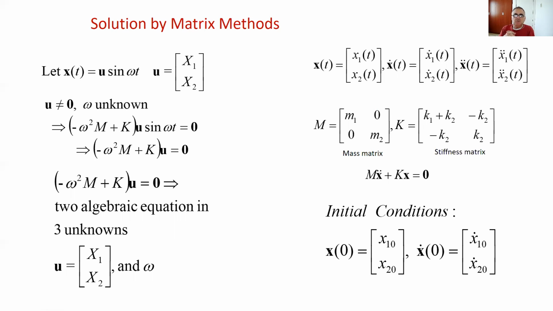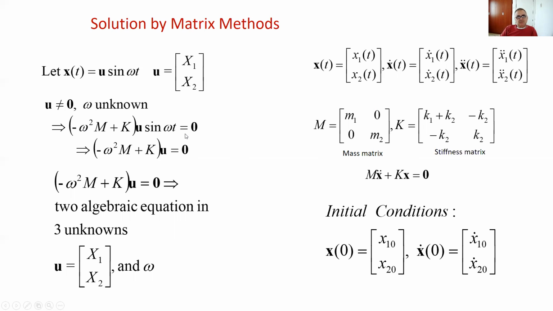Let's take the derivatives of this equation and substitute in our original equation, Mx double dot plus Kx. So x double dot would be minus omega squared u sine omega t again. So what we are going to get is the following: minus omega squared M plus K, times u sine omega t, equals 0.